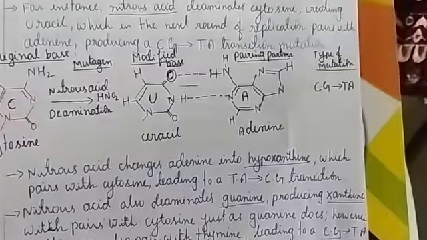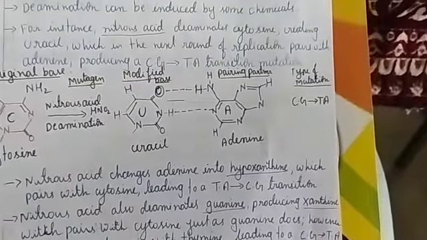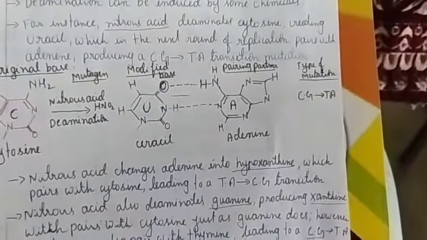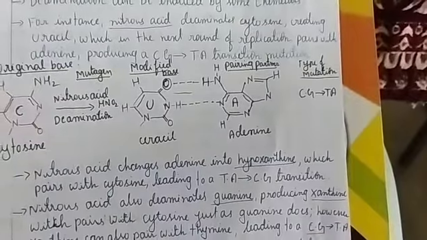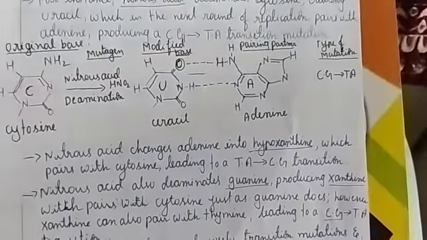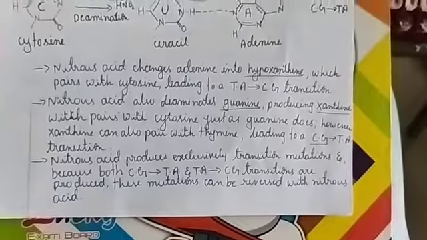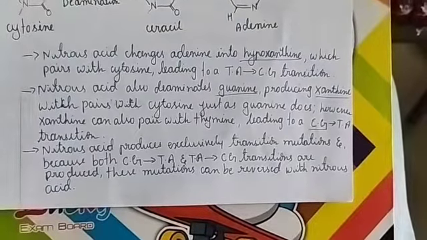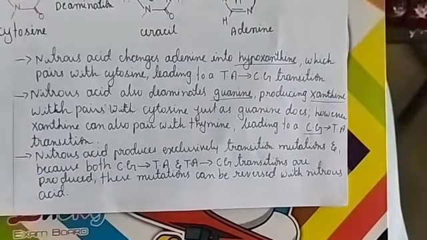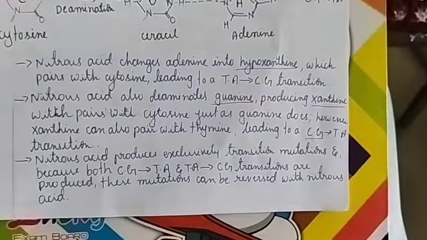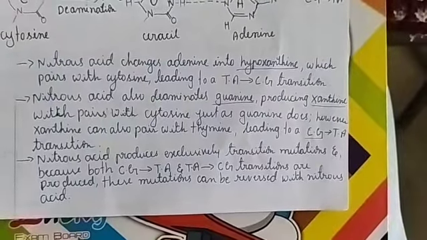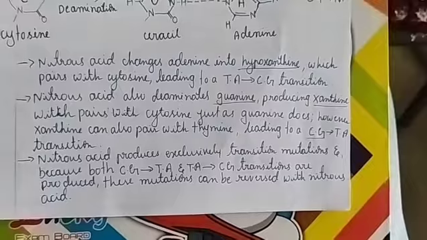Uracil mispairs with the adenine, which brings about the type of mutation, cytosine-guanine to thymine-adenine. Then nitrous acid changes adenine to hypoxanthine, which pairs with the cytosine, leading to a thymine-adenine to cytosine-guanine transition.